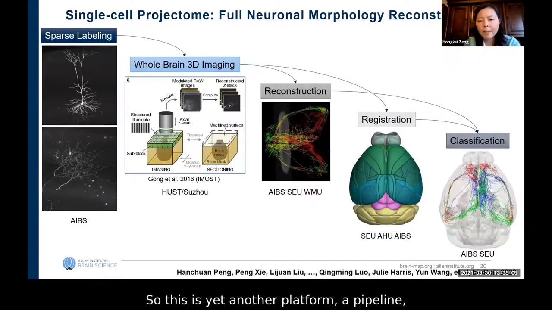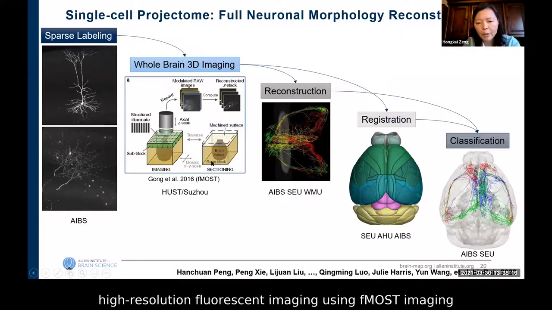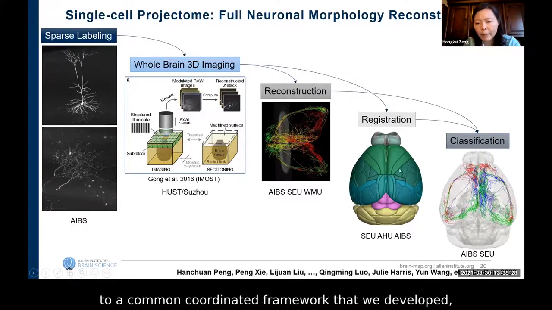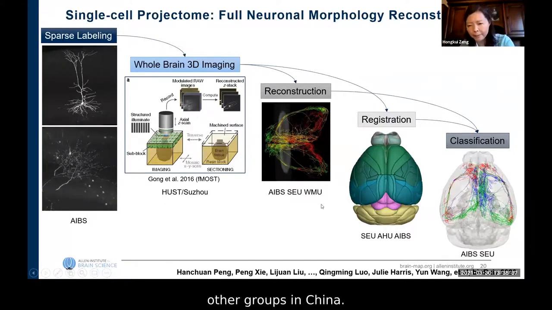This is yet another pipeline that we established in collaboration with multiple groups in China for whole brain high resolution fluorescent imaging using the fMOST imaging method, as well as registration of the whole brain data to a common coordinate framework that we developed, and the reconstruction of individual cells through two other groups in China.